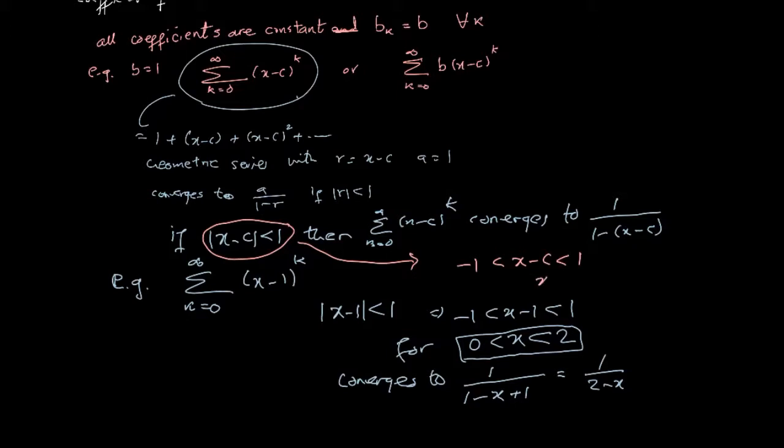So it means that x is greater than c minus 1 and less than c plus 1. Just for your reference. Now, we've already raised an issue here, which is that there is a range of values of x for which the series is considered to be convergent.